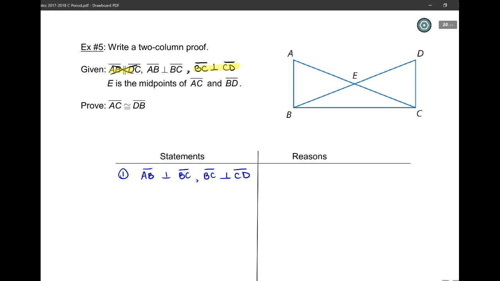So basically we have right angles in here. And we also know E is the midpoint of AC and BD.